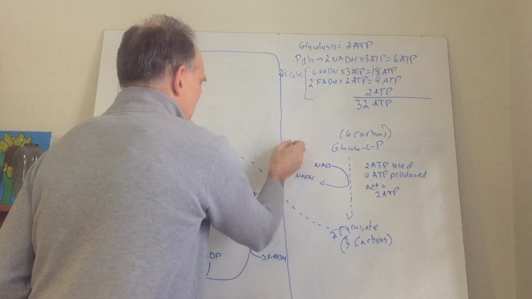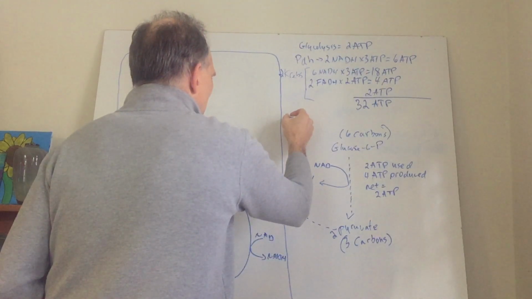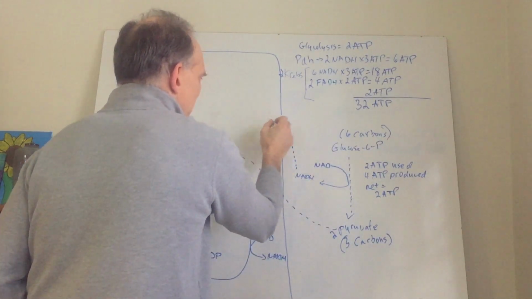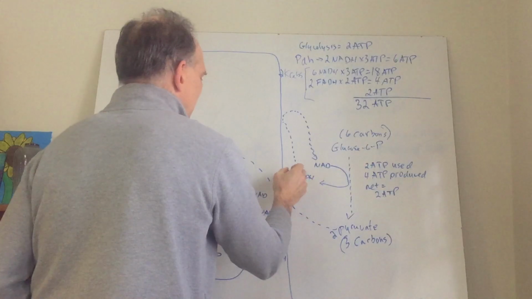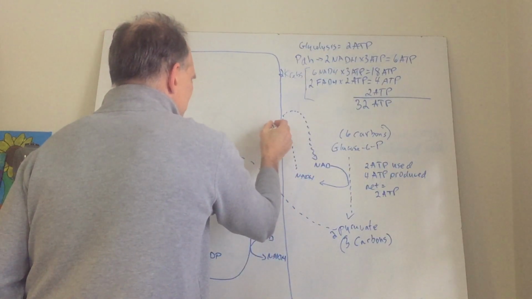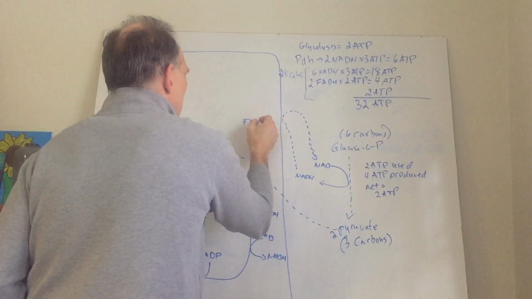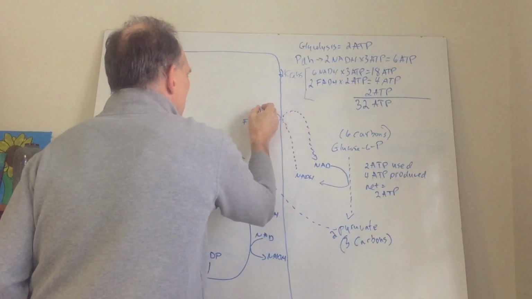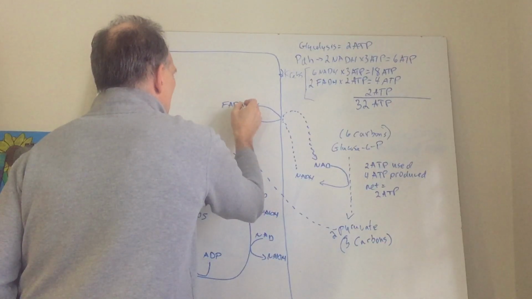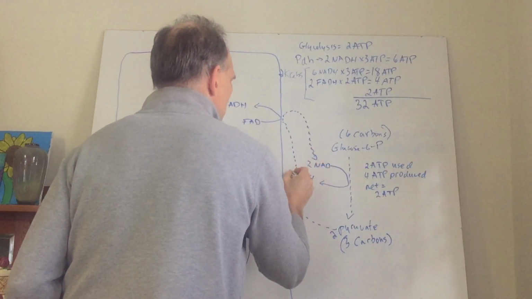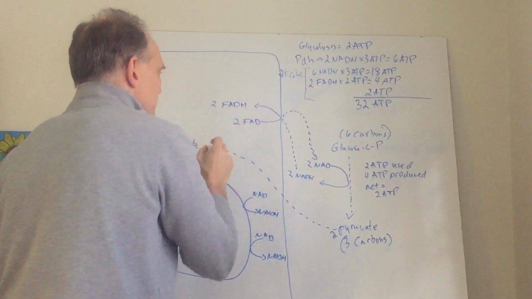But the trick here is that in most instances, it can't pass through the membrane of the mitochondria, so it gives off its hydrogen, and it passes it to FAD on the other side of the mitochondria. So you have a shuttle system here for hydrogens, and you get 2 of these that are produced in glycolysis.